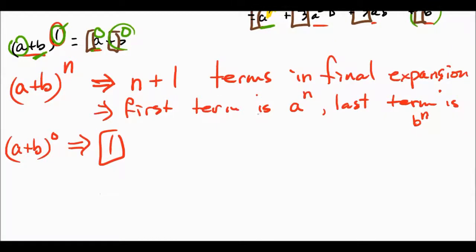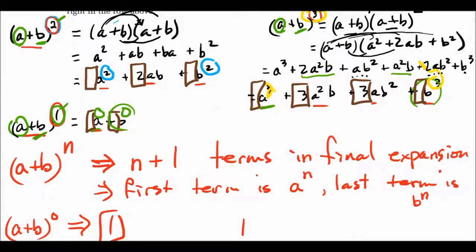We've got 1 for a plus b to the power of 0. For a plus b to the power of 1, the coefficients are 1 and 1. For a plus b to the power of 2, the coefficients are 1, 2, 1.